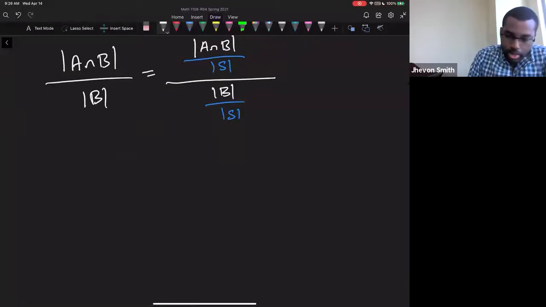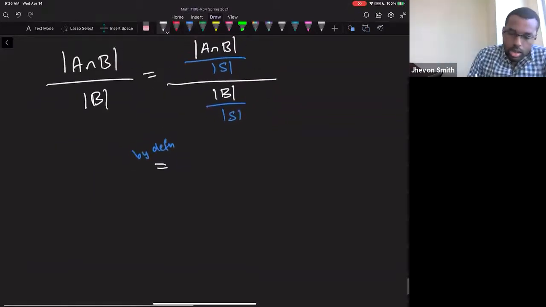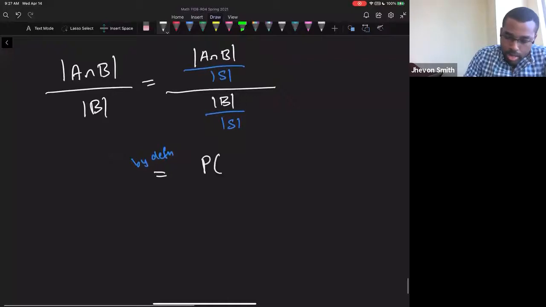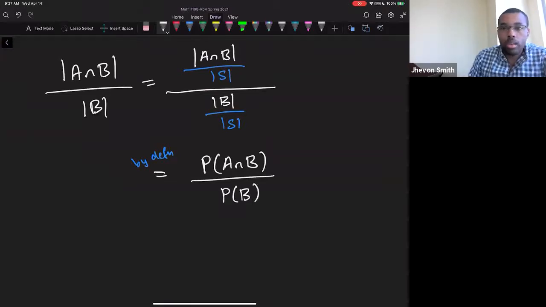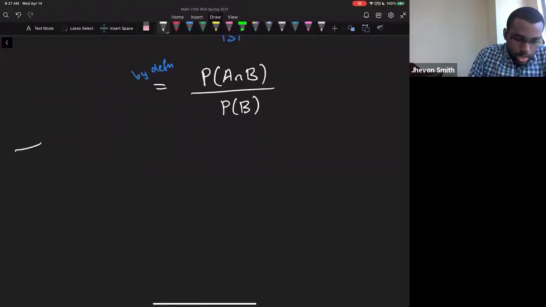And then what you'll notice about the top is, by definition, that is the probability of A intersect B. And by definition, the bottom is the probability of B.